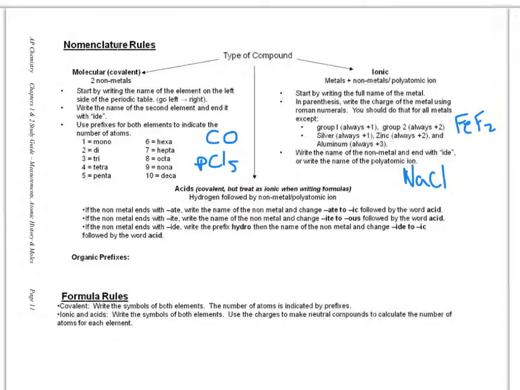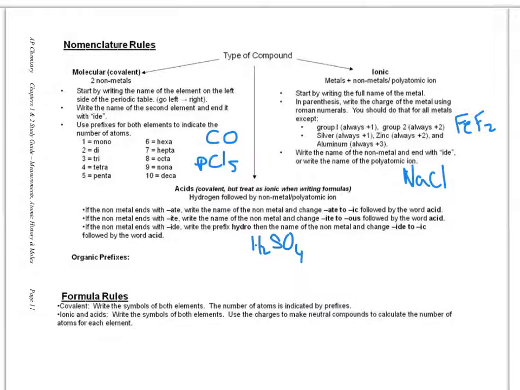If you would normally call it something with "ate," then you write that, but change the "ate" ending to "ic" and follow it by the word acid. For example, if you have H2SO4, the SO4 part is sulfate, so you change it to "ic," so it'll be sulfuric acid.